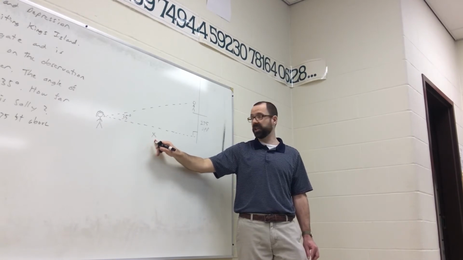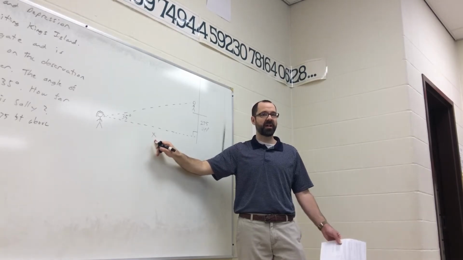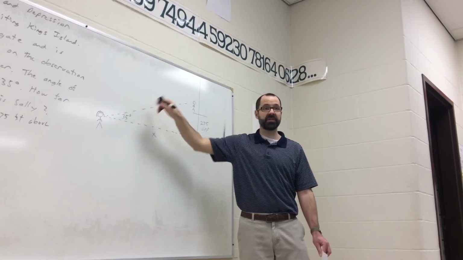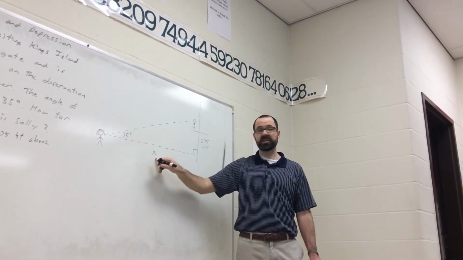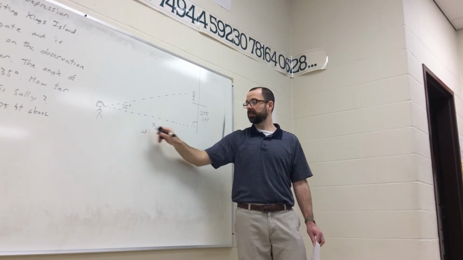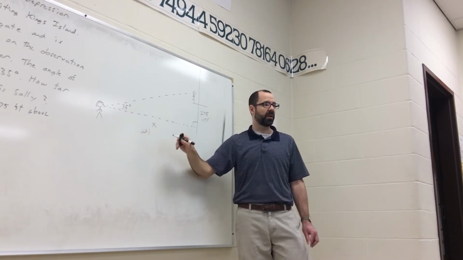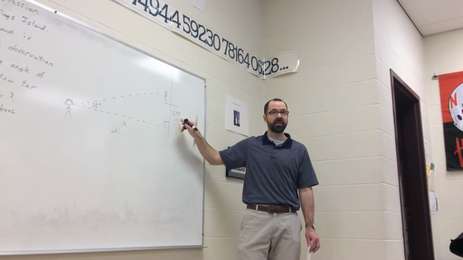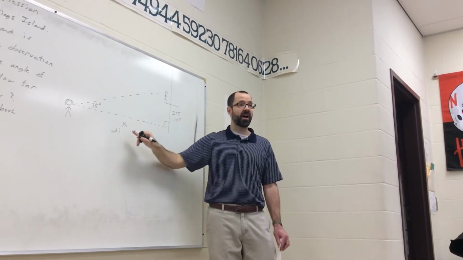Yeah, Emma? It's adjacent, good. It can't be hypotenuse because the 90's here, so hypotenuse is here. So that's why this is the adjacent. All right, so they gave us the opposite, that's 275, and they're asking us to find the adjacent.